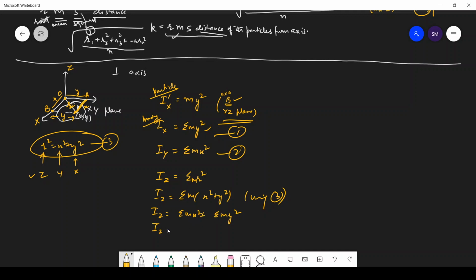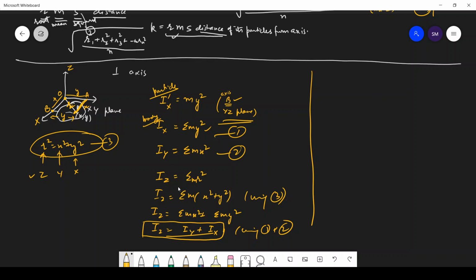What is this? This is Iy plus this is Ix, using first and second. So this is the theorem of perpendicular axis.